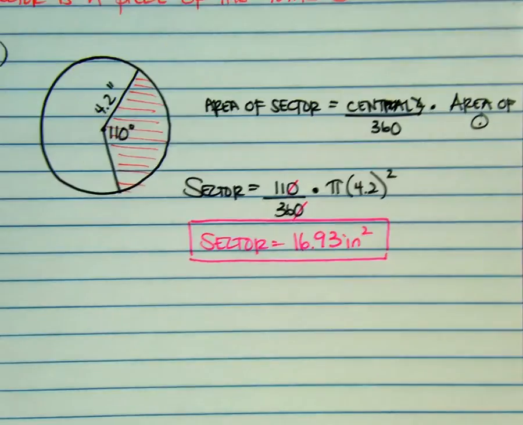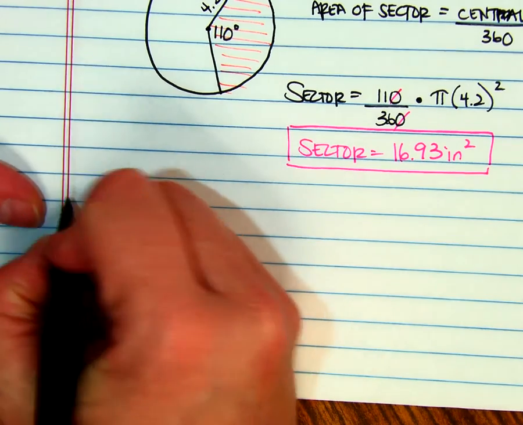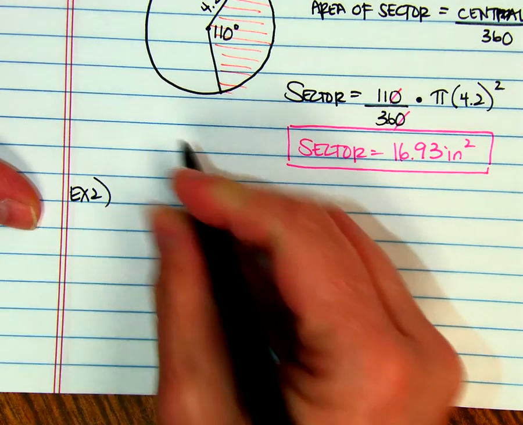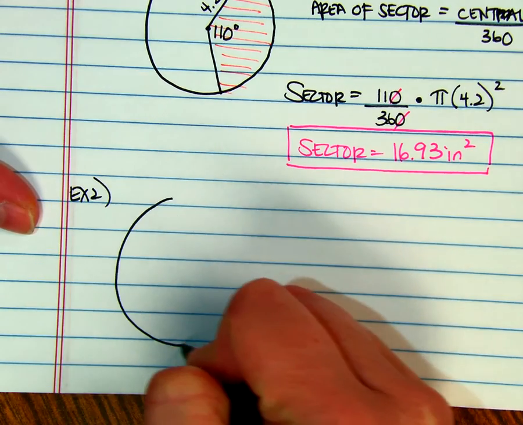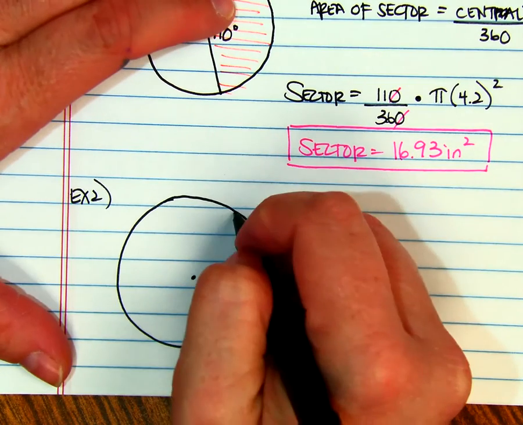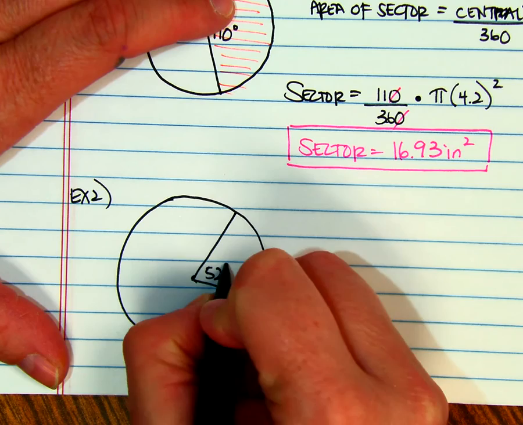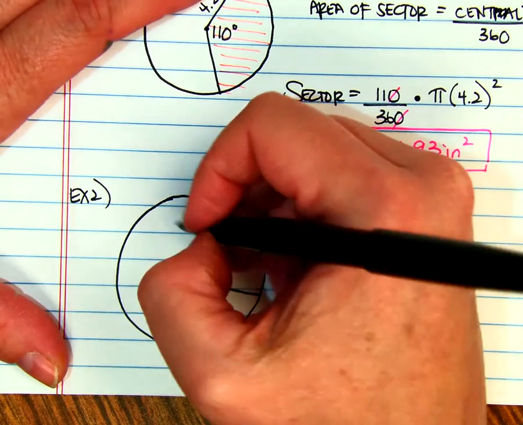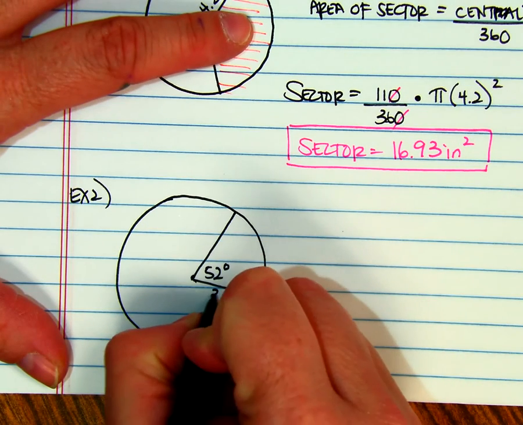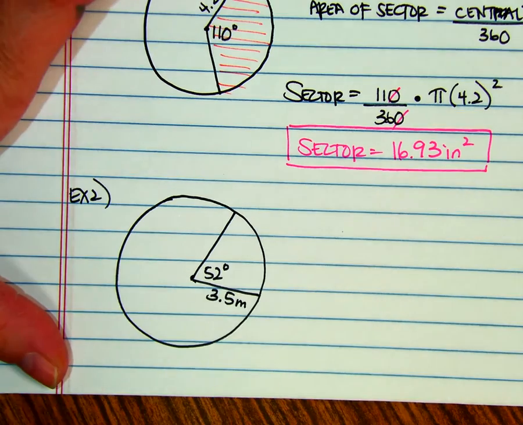Okay, one more example of those. I want to make this fairly large. I'm going to say that is 52 degrees, and we have 3.5 meters.